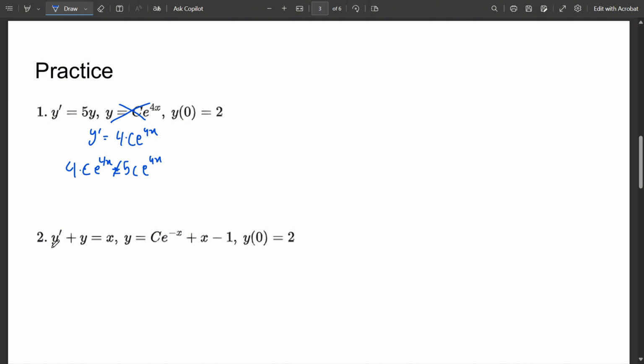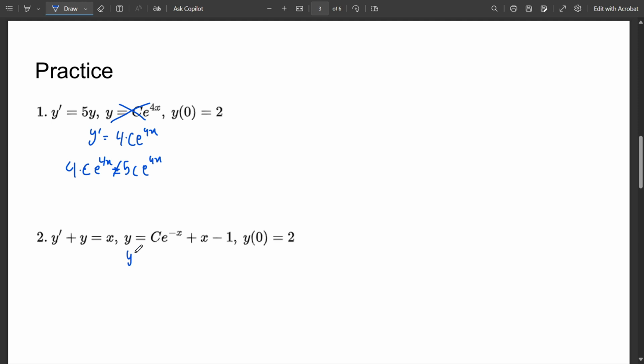Okay. Next, y prime plus y equals x, and the general solution y equals c e to the negative x plus x minus 1, and y initial equals 2. Okay, and we see here this is just a first order differential equation.